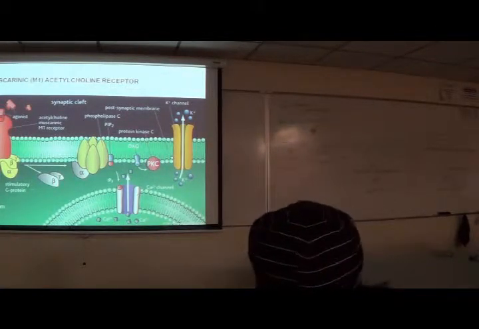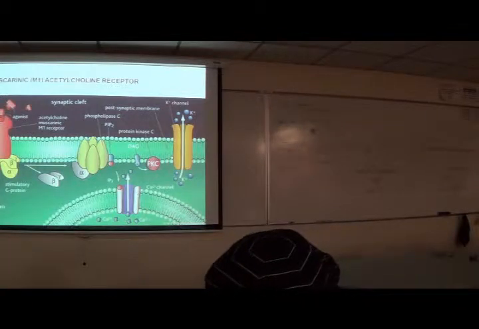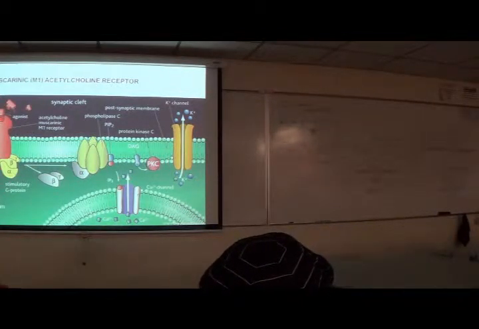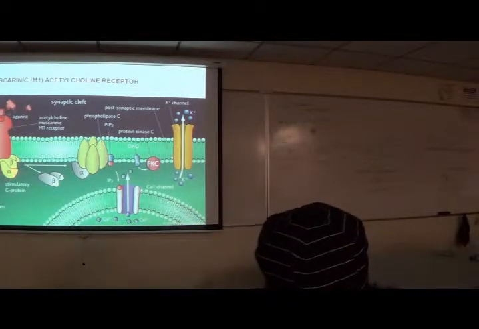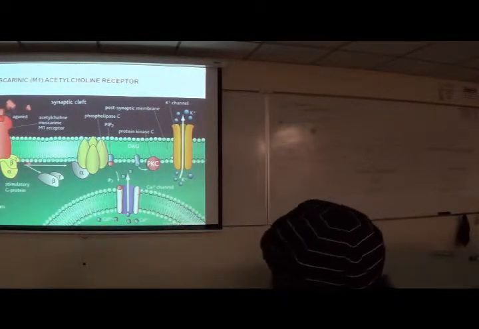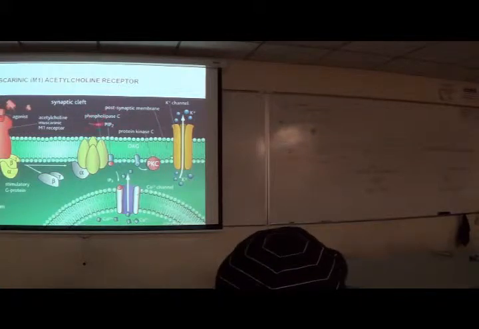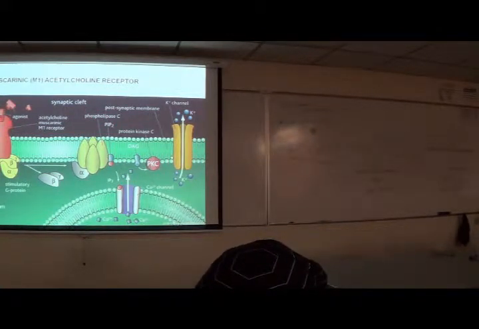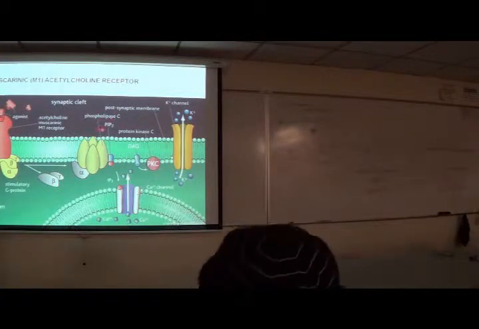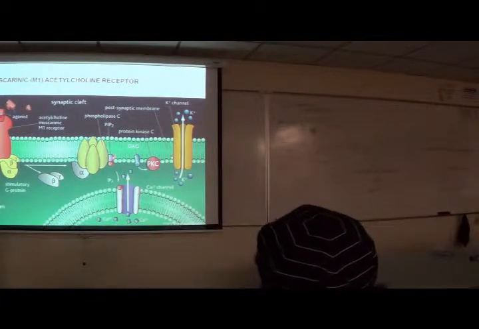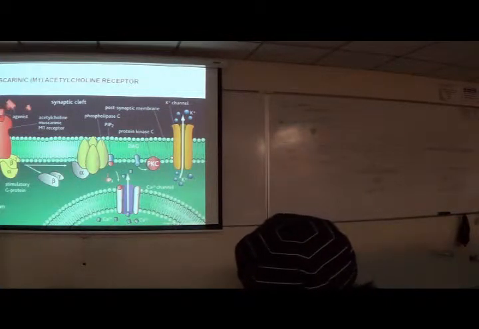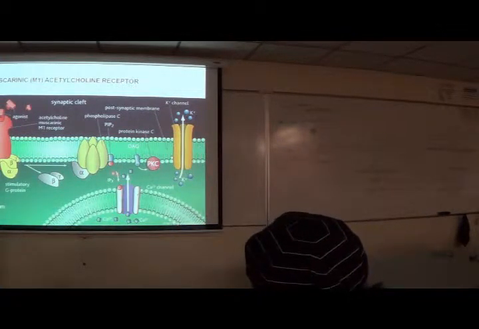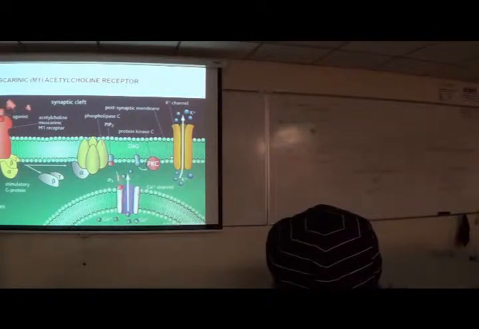Here's acetylcholine. Here's the receptor. Here's the G protein. The alpha component is excited and binds to phospholipase C. Phospholipase C takes phosphoinositol phosphate and splits it into diacylglycerol and inositol triphosphate, IP3. Calcium ions open.